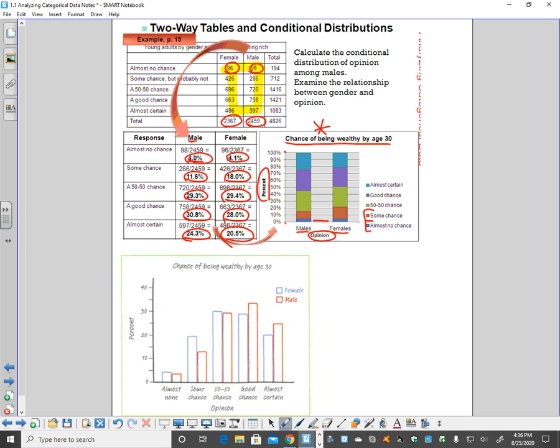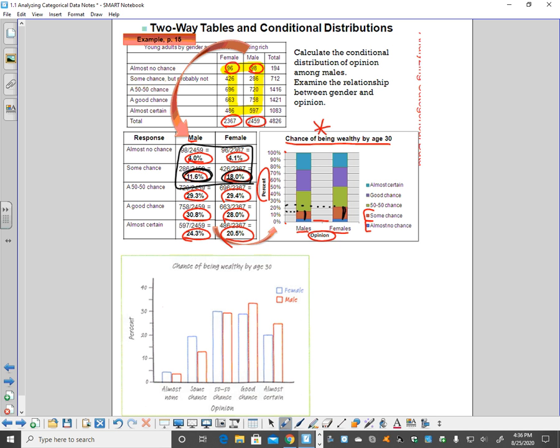Now, what I don't like about the segmented bar graph is this, a different color. This distance right here is your 11.6. And this distance right here is your 18.0. But where it hits the side is the total of the first two. It does like a running total, and that's why at the end you can see they both hit 100%.